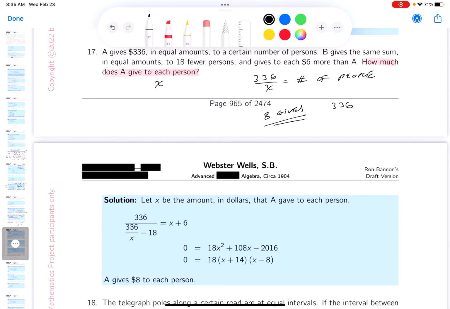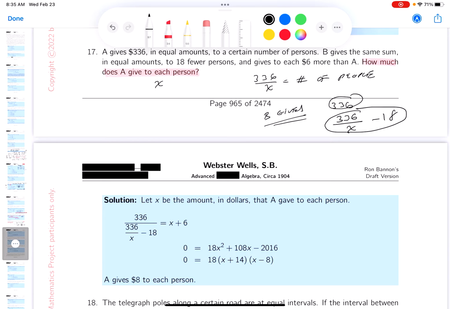B gives the same sum in equal amounts to 18 fewer people. Well, how many people then? It would be 336 over X minus 18. It's fewer people. That's what B gives. He gives the same amount to this number of people.